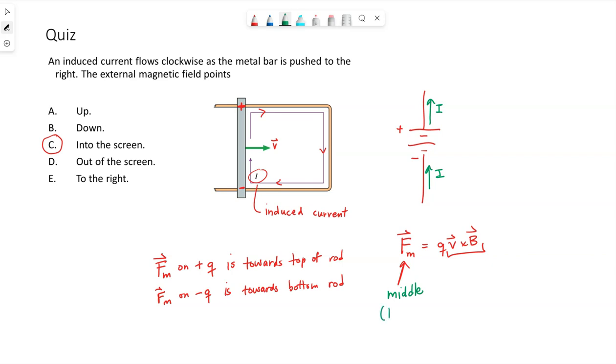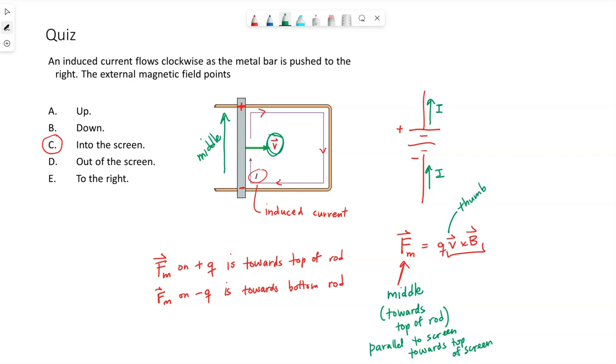So point your middle finger towards the top of the rod. Meaning, point it parallel to the screen and towards the top of the screen. So we're pointing our middle finger upwards. Now V, the first vector, has been our thumb.